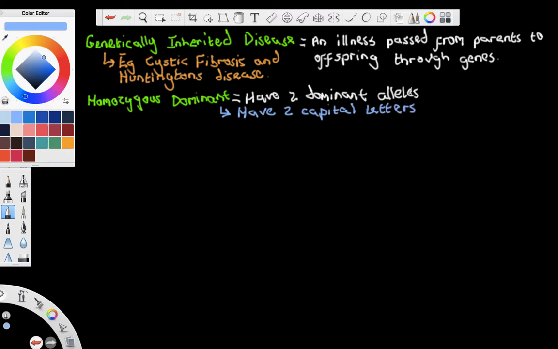Someone who is homozygous recessive, R-E-C-E-S-S-I-V-E, will have two recessive alleles.